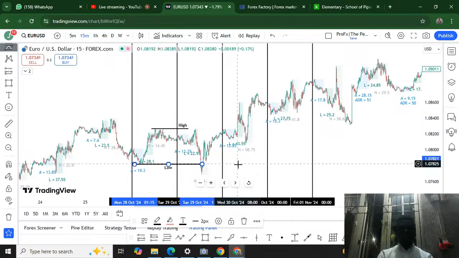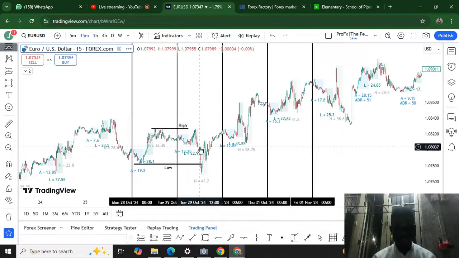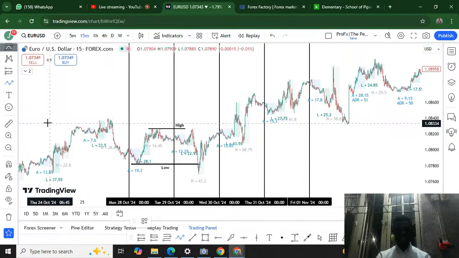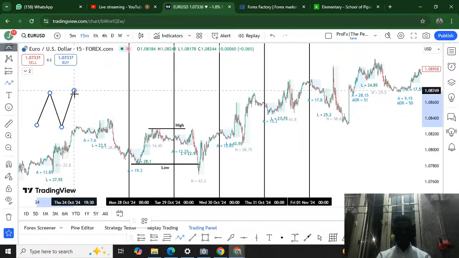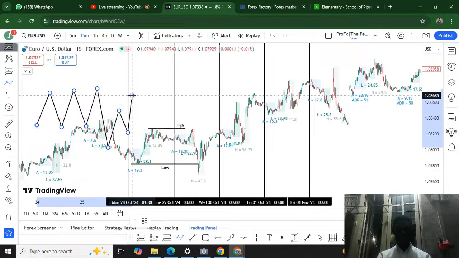Now observe what happened on Tuesday. There was a sharp sell on Tuesday that took out Monday's low. Remember, I said for a buy, we have to see accumulation. What next? Manipulate and take out the lows. What next? We distribute for the buy.